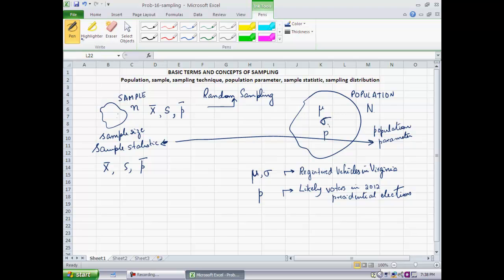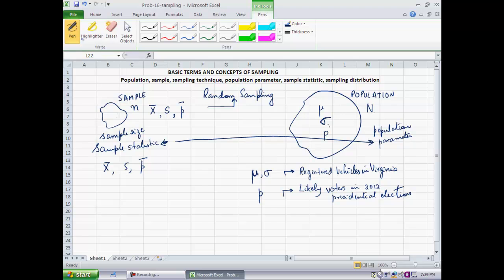Why? Because in picking a subset from the population, I am subject to the vagaries of sampling. I can never be absolutely sure of the units that I'm getting in the sample. So every time if I were to pick different samples from the same population, I would get slightly different values of each of these sample statistics.